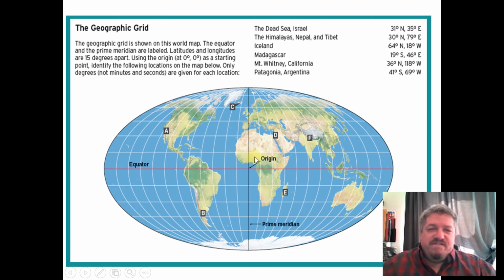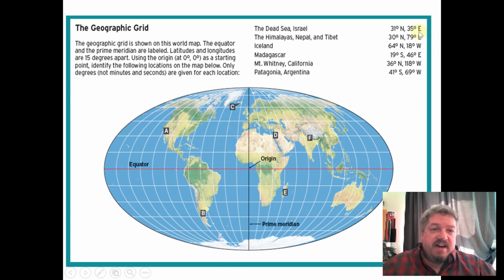So these are roughly 15 degrees. This is 15, 30, 45, 60, 75, and 90. So this we know would be what? I just said this would be 30 degrees north. Well, look, there's 31, so you know it's probably A, D, or F, right? So we now know that.